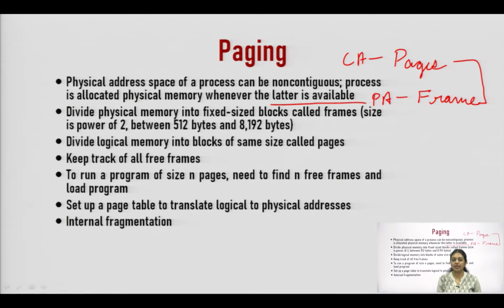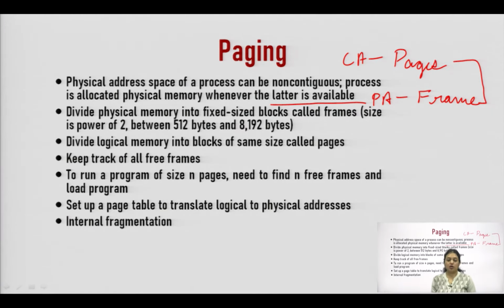So, we need to keep track of all the free frames that are available, because only when free frames are available can we place one page into one frame. To run a program of size n pages, we need to find n free frames and load the program.